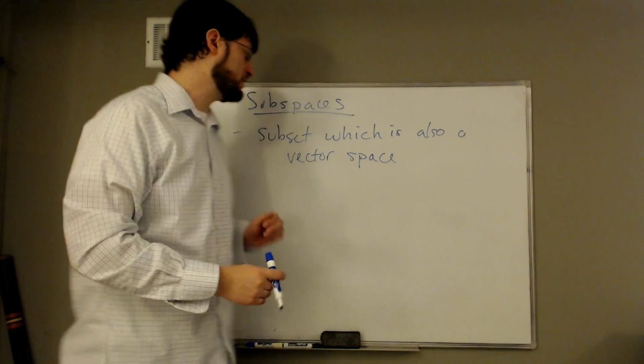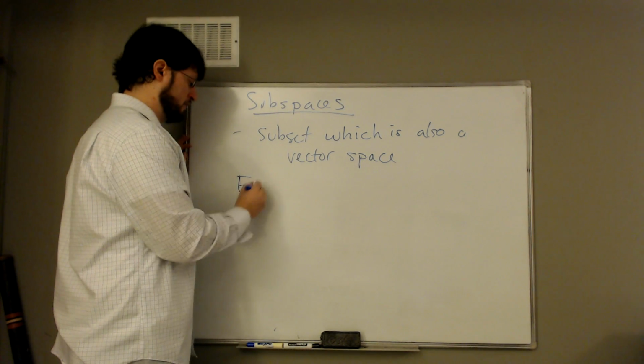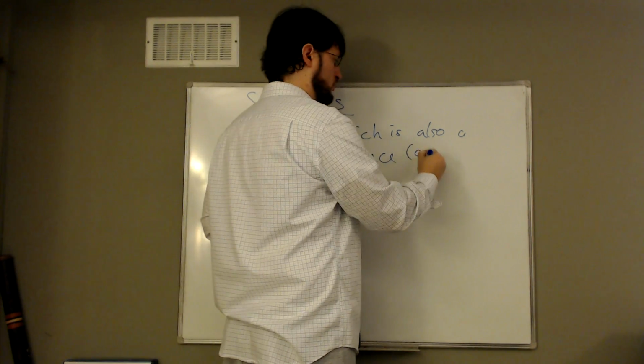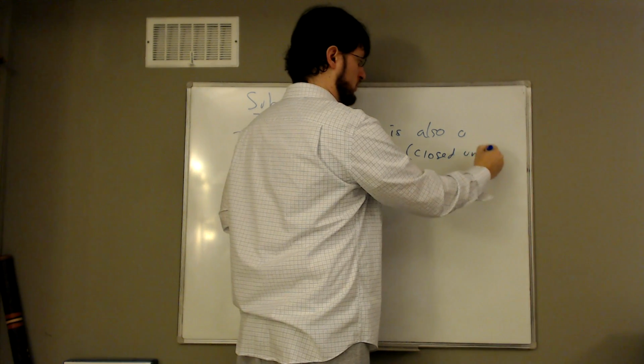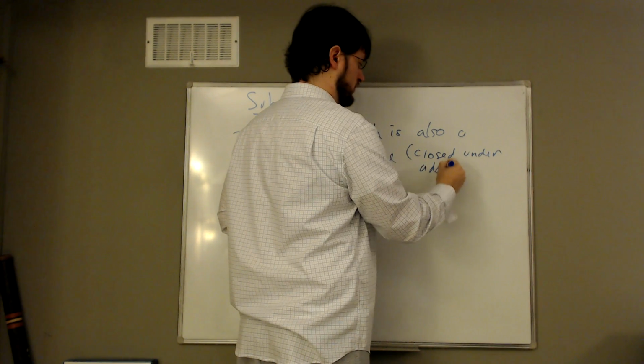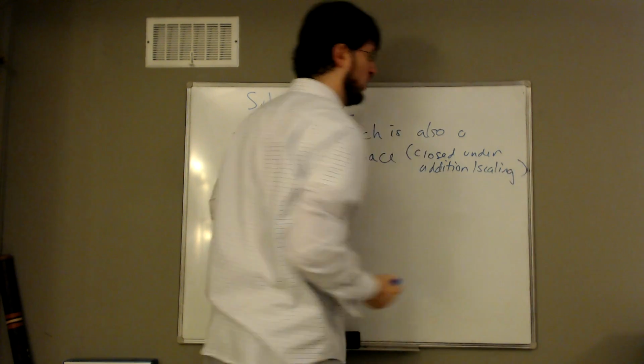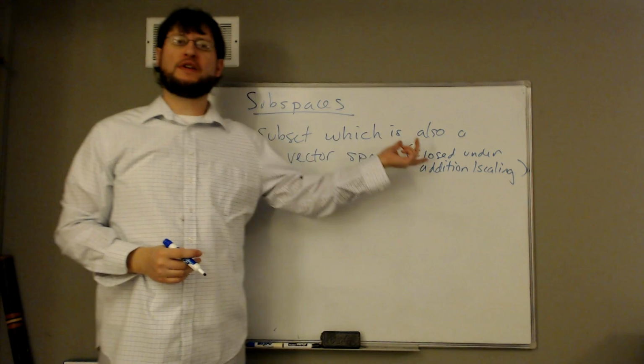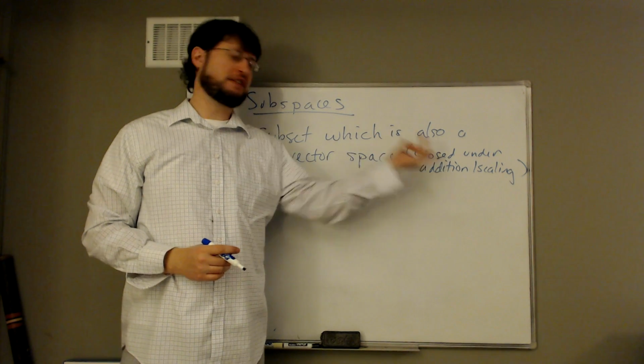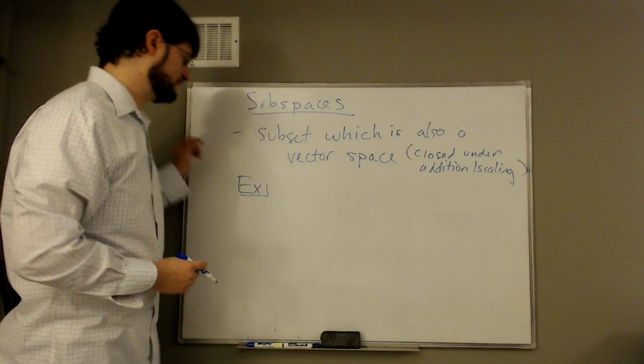That's what it means to be a subspace. And remember that closed means if I add two vectors up, it stays in the set. If I scale a vector, it stays in the set.